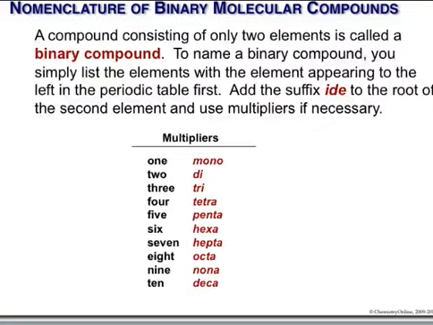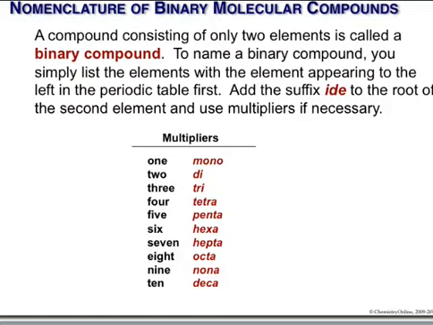Molecular compounds must contain only nonmetals and semimetals. So if you look at a compound and you decide it's molecular, we're going to name it essentially the same, with the one real difference that here we will use multipliers.